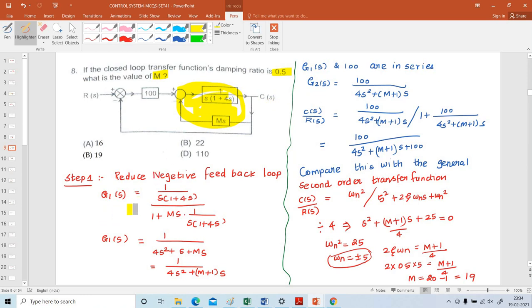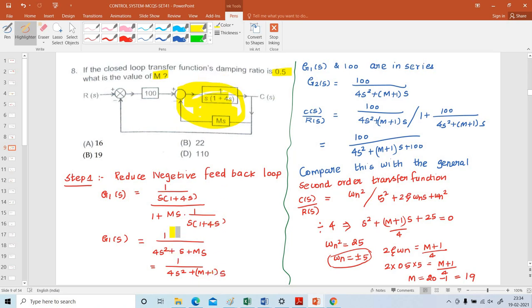So G1 of S is 1 by S into 1 plus 4S divided by 1 plus MS, that is H of S into 1 by S plus 4S. Now I have to take the LCM here. So S into 1 plus 4S should be cancelled, and the numerator is 1, the denominator is 4S square plus S plus MS. So 1 divided by 4S square plus M plus 1 into S.